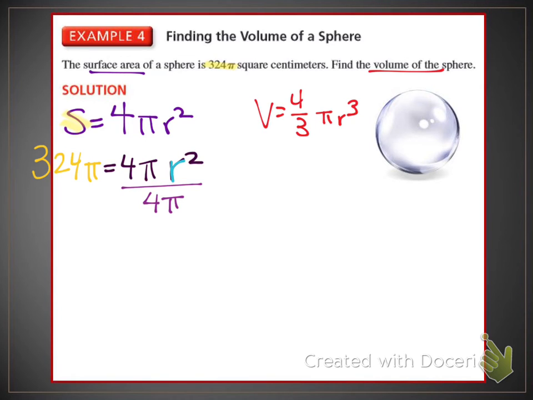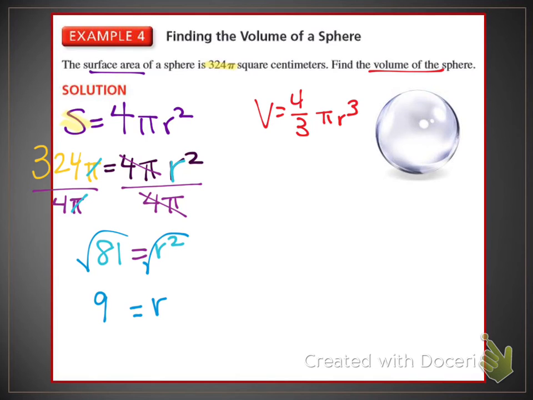Correct. Divide by 4 pi. What is 324 divided by 4? 81. Good. And then last step is to take the square root, and the radius is 9.